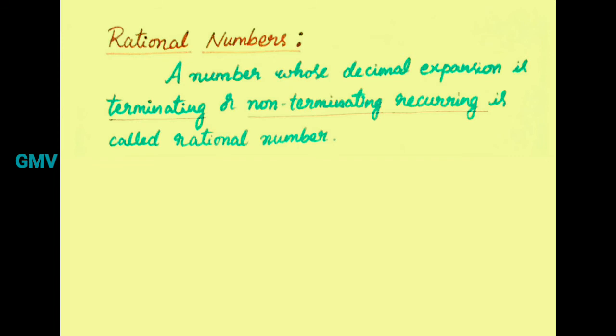Terminating means which ends. Recurring means which is repeating. It means if the decimal expansion of a number terminates, then it is called as rational, and also if the decimal expansion is non-terminating, it means it is not ending but it must have a repeating term, then it is called as a rational number.